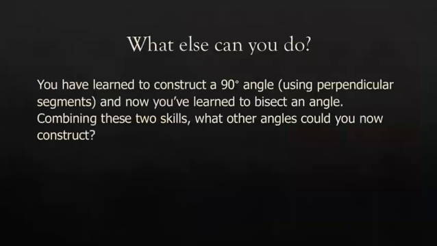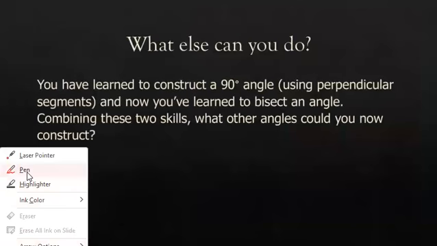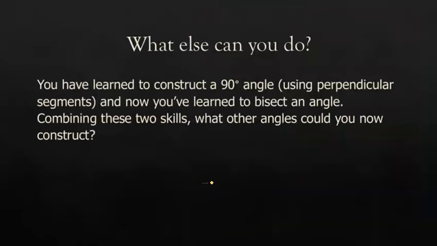So what else can you do now? You've learned how to construct a 90-degree angle when we did perpendicular segments. And you've now learned to bisect an angle. So if I have a 90-degree angle and I can bisect it, what other angles can I draw? Well, this would be 45, right?